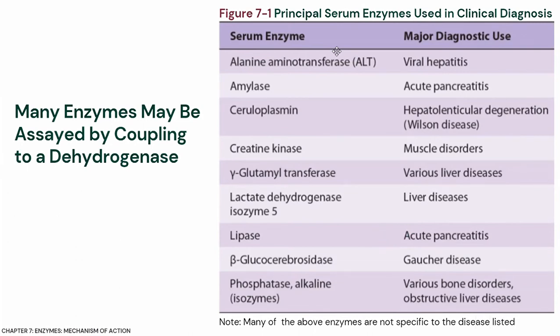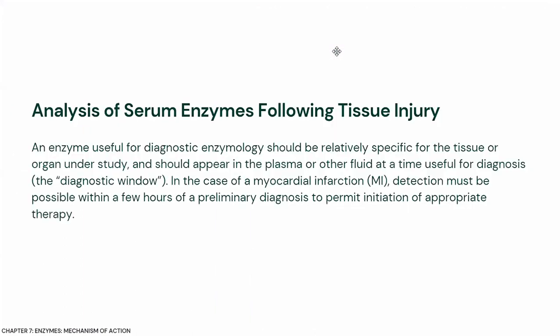From the extracellular fluid, drained by the lymphatics, they join the general circulation. So it is there. Okay. So you can clinch the diagnosis through enzyme assay following tissue injury.